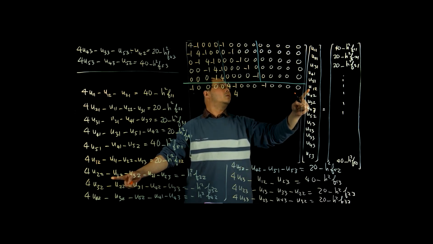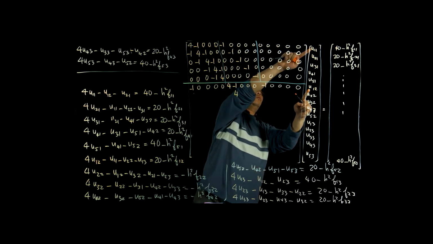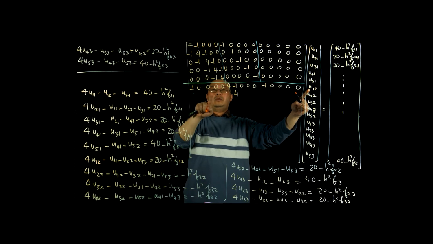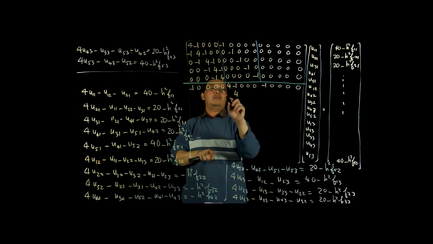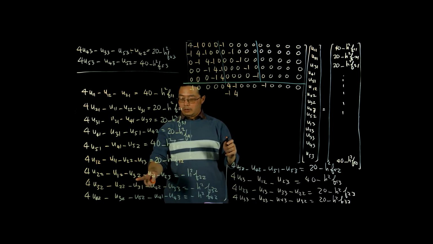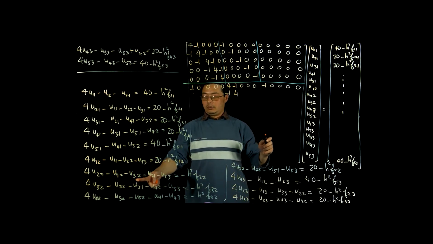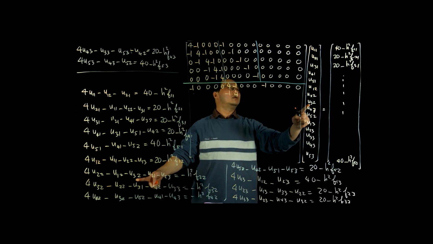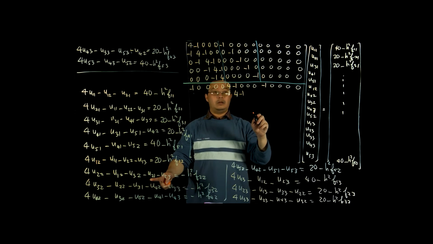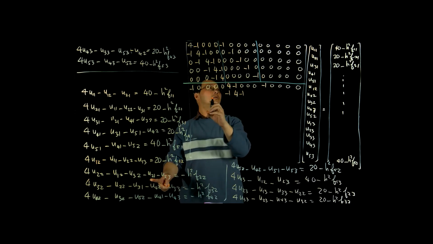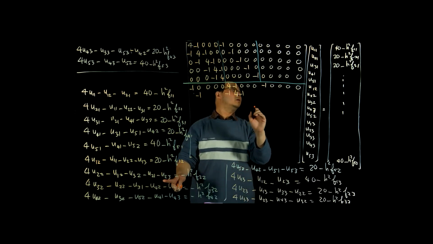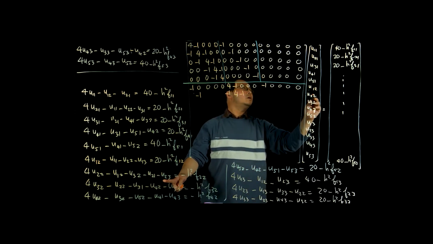So 1, 2 is right here. So 1, 2, 3, 4, 5, 6. So it will be minus 1 here. Okay. And then 3, 2. So 3, 2 is right here. So minus 1 here. Yeah. And then 2, 1. 2, 1 is right here. Yeah. And 2, 3.